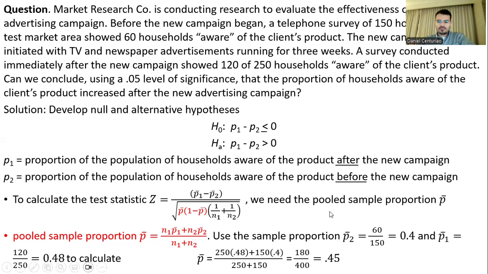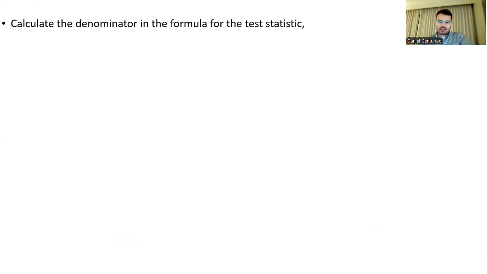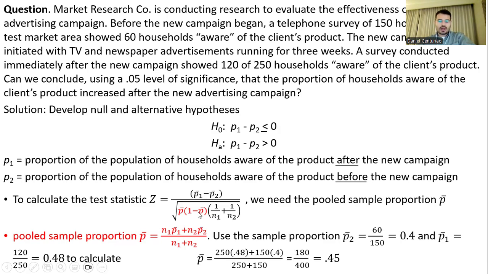So if you do that, you're gonna end up with 0.45. And then you can just apply in this formula right here, substituting P bar from this P bar. Sorry, I think here is 0.45, no, 0.48.